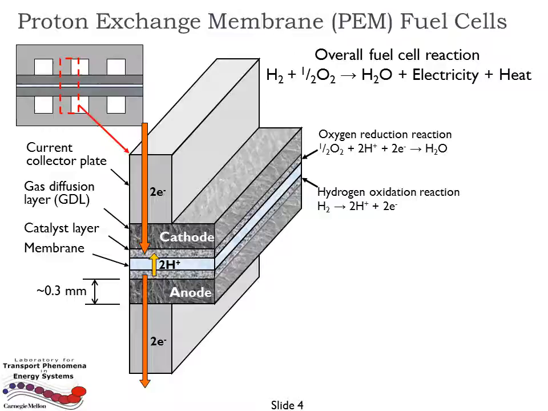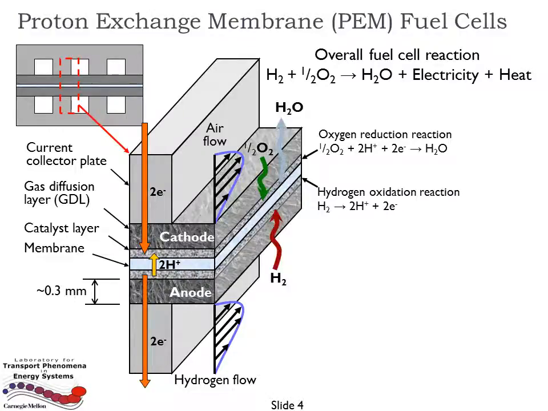But when you stack one pair of anode cathode on another pair, what's happening is the electrons are going from the anode electrode through the anode gas diffusion layer, through the bipolar plate, into the next bipolar plate, where it goes through the cathode gas diffusion layer into the cathode electrode.